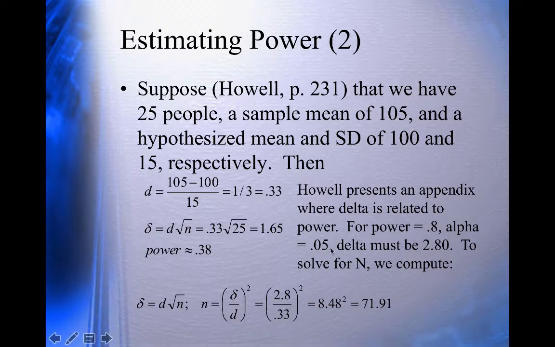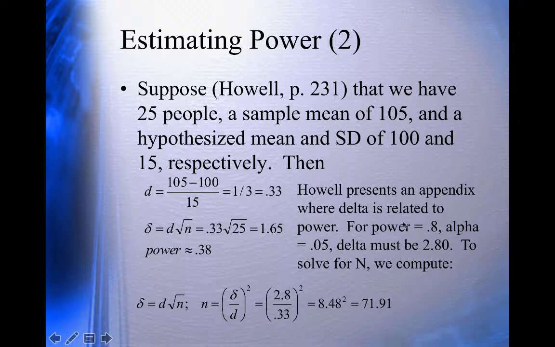We set alpha to 0.05, then delta needs to be 2.8. So, well, 2.8, we didn't get there. And it turns out that power in this case is about 0.38. Now, you wanted 0.8. 0.38 is really crappy. That means that out of 100, if you did this study 100 times, you'd expect to get a significant difference 38 out of 100 times, so less than half.